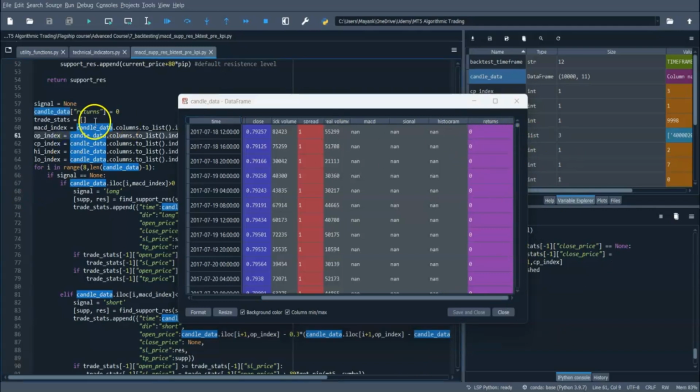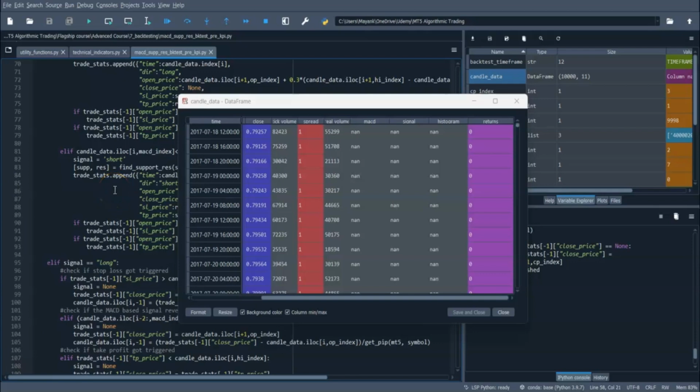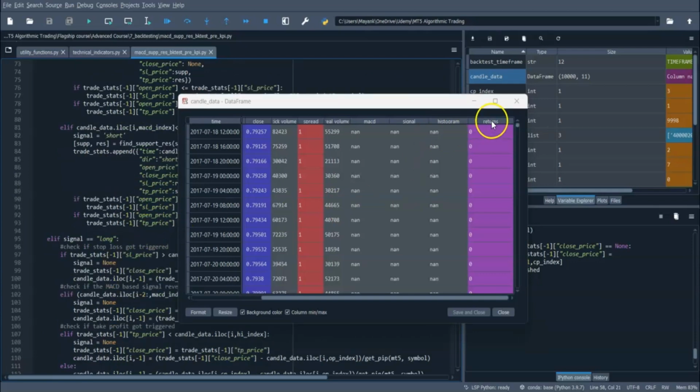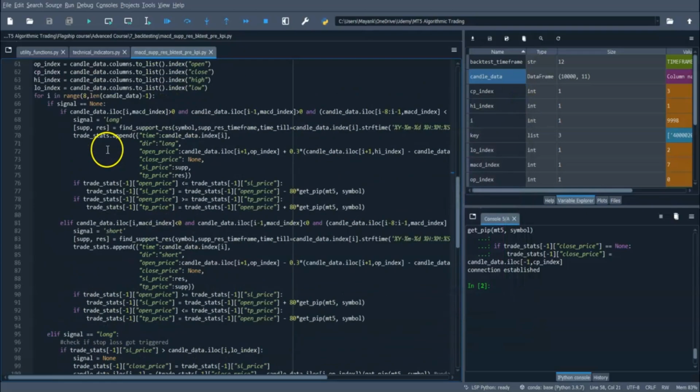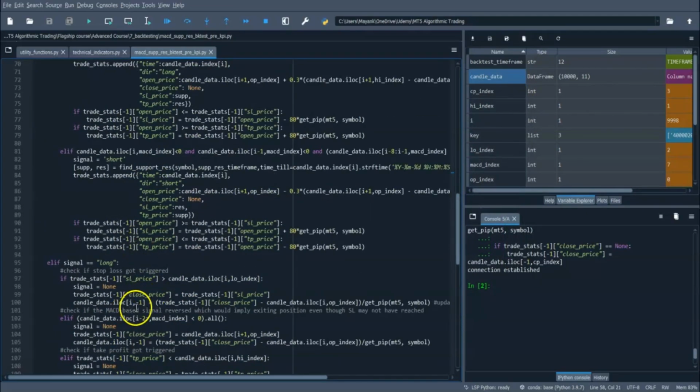I had initiated this column here. And then based on whatever signal we would have encountered in our backtesting code, I had been updating this particular column, returns. So returns was the last column. So anywhere in the code where you see iloc, I have used -1 as the column identifier, you know that we are updating return.